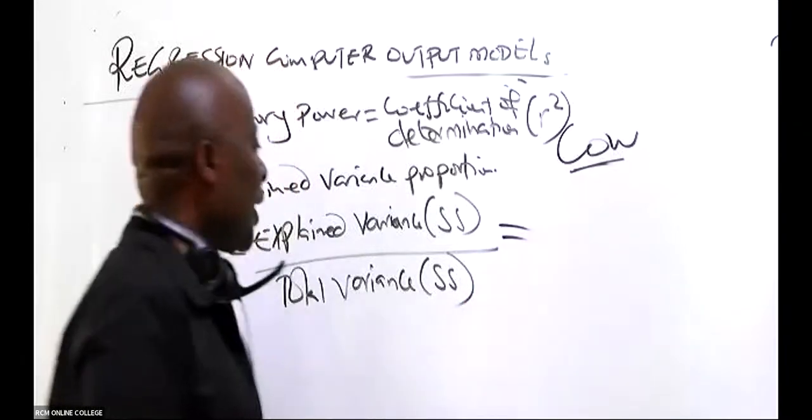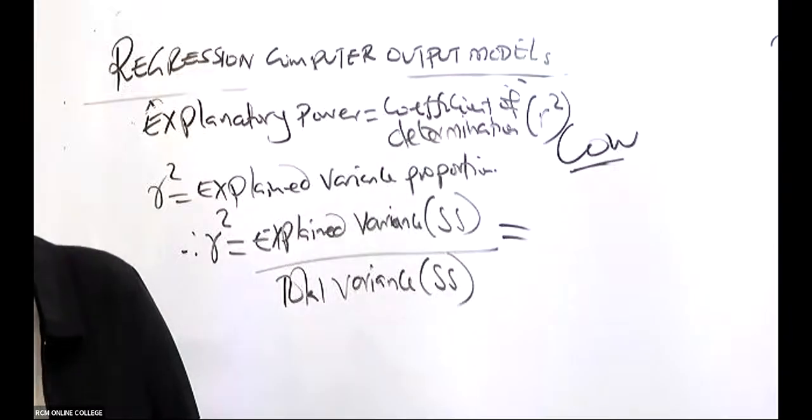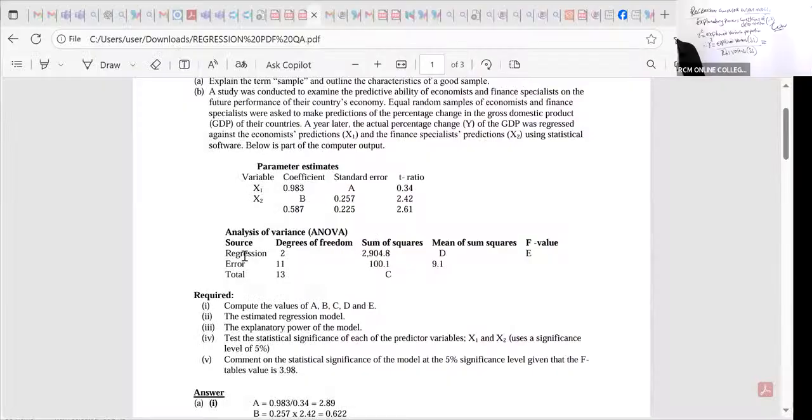So are you able to see the explained variance, my good students? The sum of squares and the explained variance. The sum of squares explained is regression, isn't it? 2904.8, all over total variance, which you were able to get here as C, in terms of sum of squares.